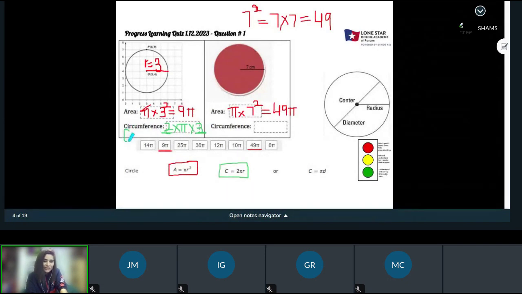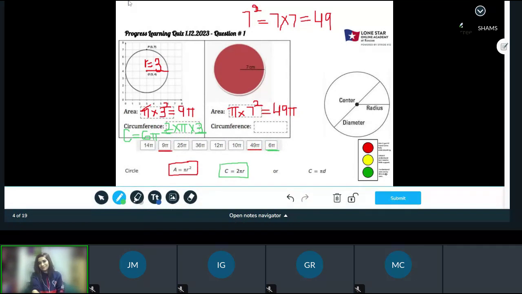So you can say circumference will be 6 pi. And let's see if we have 6 pi in the answer choices. And 6 pi is right here, the very last one. Absolutely, Ben. Very good, Ava. Very good, Isaiah. Let me know if it doesn't make sense to anybody and I can go over it again.